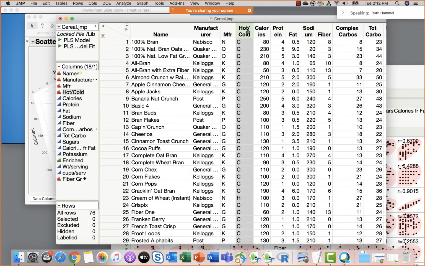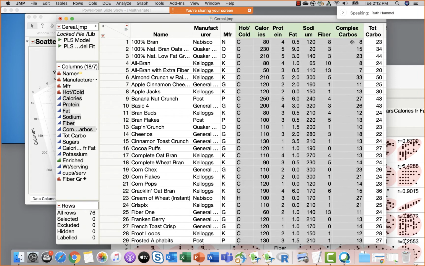Or we can cluster the columns, so we can see which of these pieces of information seem to co-vary together. Maybe calories and protein tend to grow together. Or maybe calories and fat tend to go together. That's actually pretty likely. The more fat you have in a cereal, probably the more calories you have in that cereal. So we may be able to find clusters of some of these columns or variables that are grouping together.